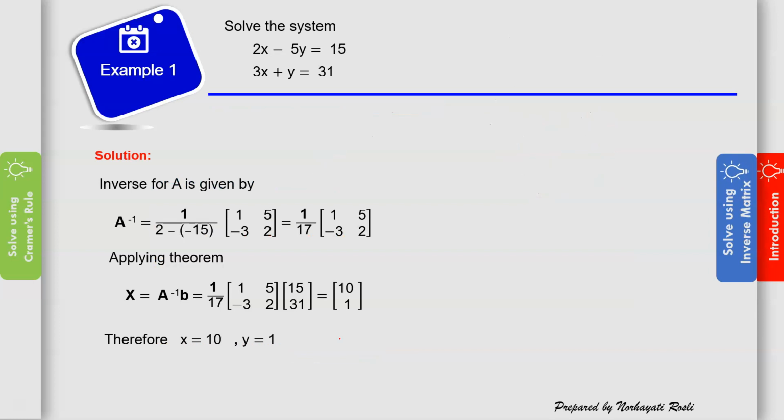Then we go to this example 1. We want to solve the system 2x minus 5y equal to 15 and 3x plus y equal to 31. What we need to do first is transform this into the form AX equal to B. When we transform, we have here 2, negative 5, 3, 1, times our unknown x and y, equal to 15, 31.